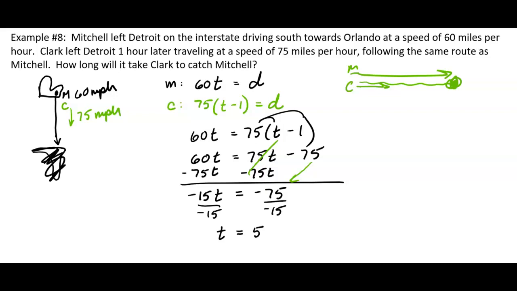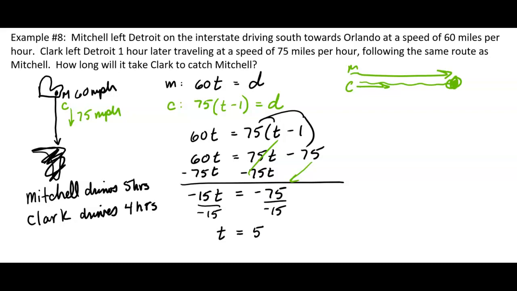Now, I got to be a little bit careful because my t was how long Mitchell was driving, right? So Mitchell drives 5 hours. But how long is Clark driving? An hour less, so 4 hours.